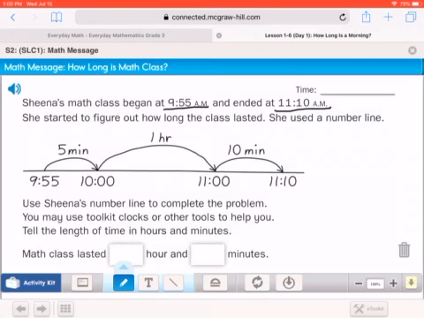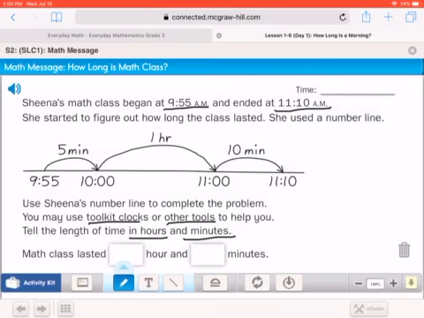She used a number line. Use Sheena's number line to complete the problem. You may use toolkit clocks or other tools to help you. Tell the length of time in hours and minutes. And then math class lasted blank hours and blank minutes.